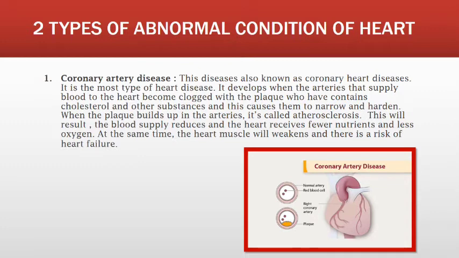When the plaque builds up in the arteries, it is called atherosclerosis. This will result in reduced blood supply, and the heart receives fewer nutrients and less oxygen. At the same time, the heart muscle will weaken and there is a risk of heart failure.